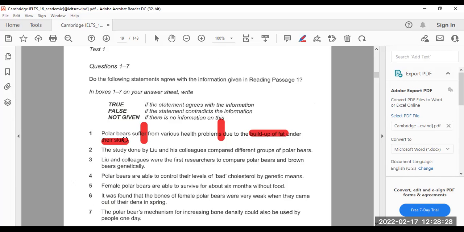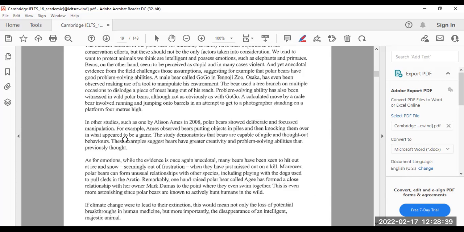Or you could convert the statement into a question: will the polar bears suffer due to the buildup of fat under their skin? With this, I go to the passage now.